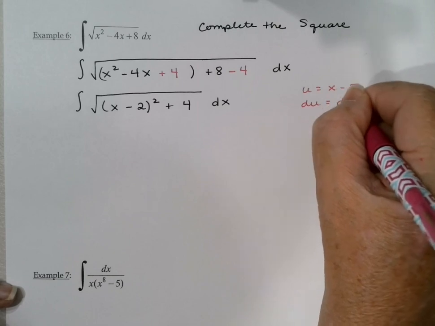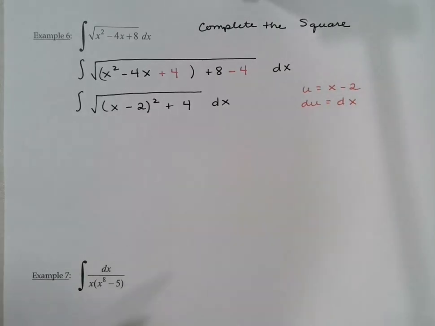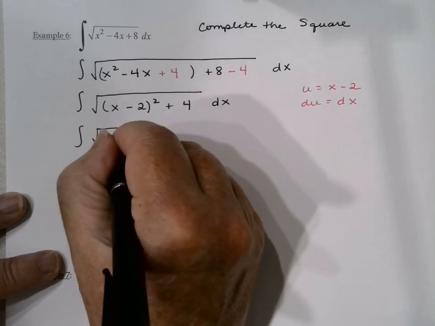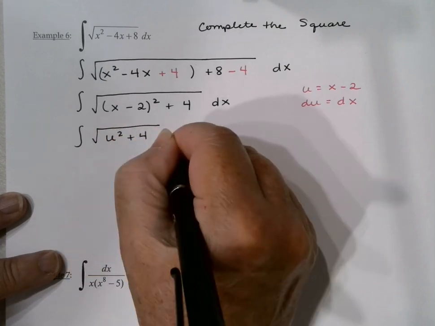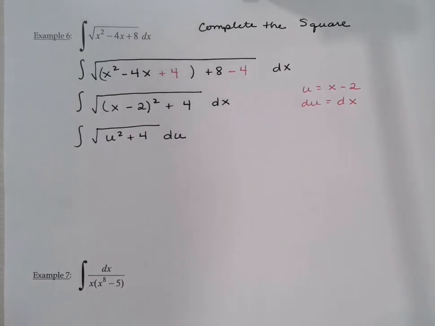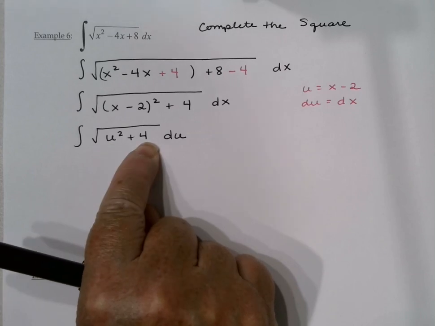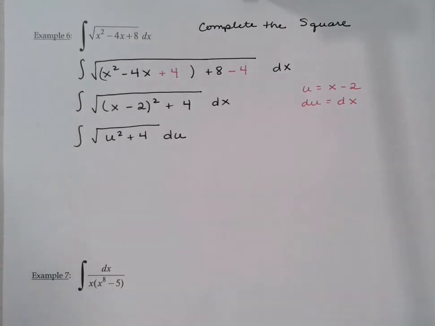du then is just the same as dx. So that becomes u squared plus 4. And again, dx is just the same as du. And now I've got that x squared or u squared plus a squared look. So let's see. I'm going to grab my table here.